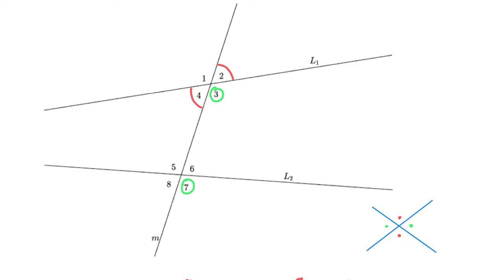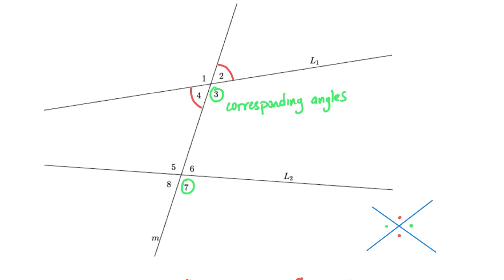That same position. Those are called corresponding angles. They're in the same position. So 3 and 7 would be corresponding, 2 and 6, 1 and 5, 4 and 8. Those would all be corresponding pairs.